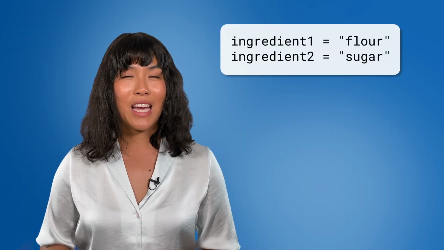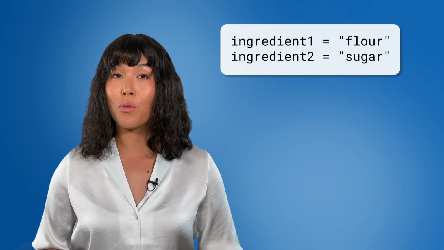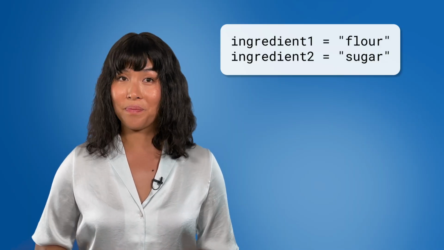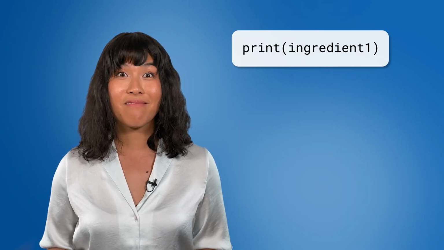We just used the variable sum in the previous example to hold the number that was passed back from our add ingredients function. In past lessons, we've used variables to store text as well, like this. Ingredient 1 now holds the value flour, and ingredient 2 now holds the value sugar.